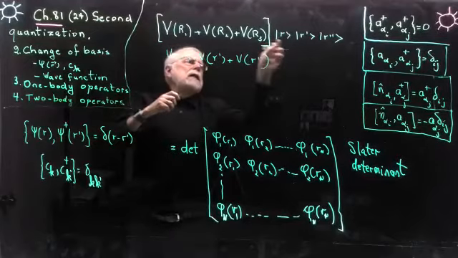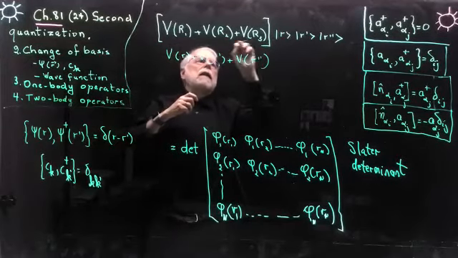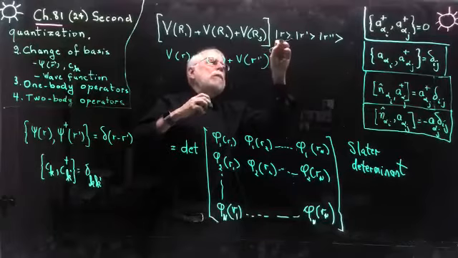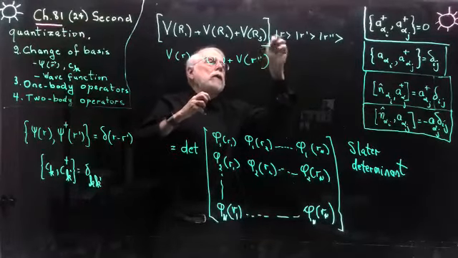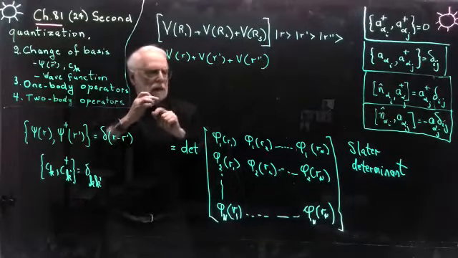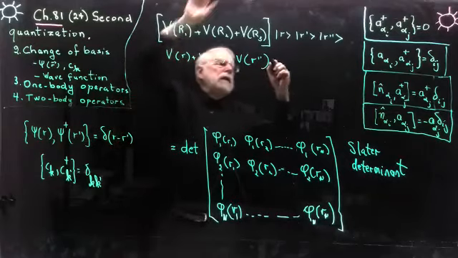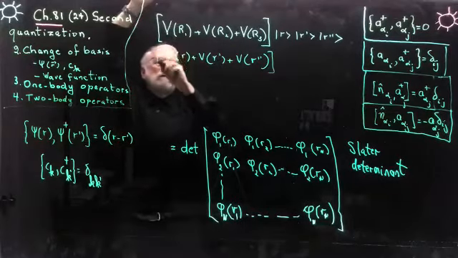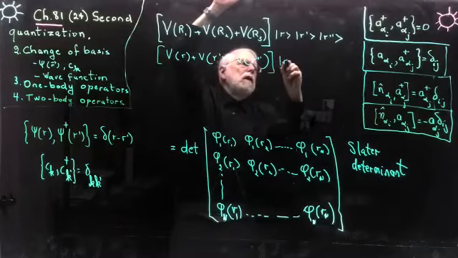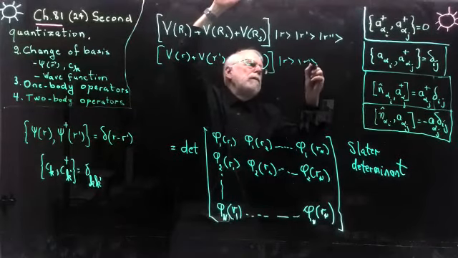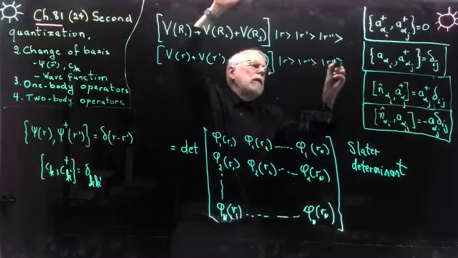Because this acts on this, this acts on that, and this acts on that. And these are position eigenstates, so that gives this times the state R, R prime, R double prime.